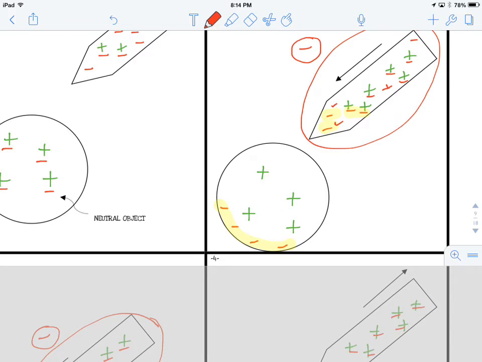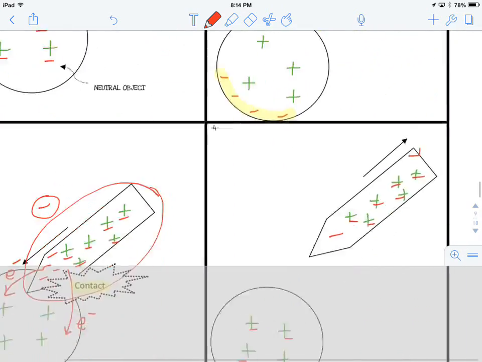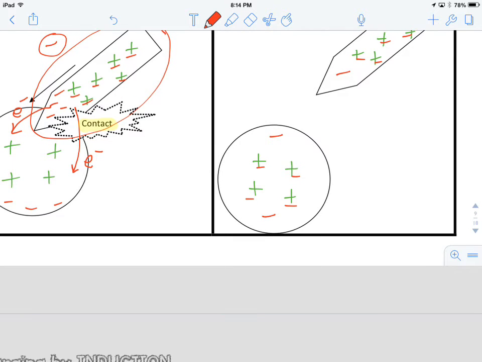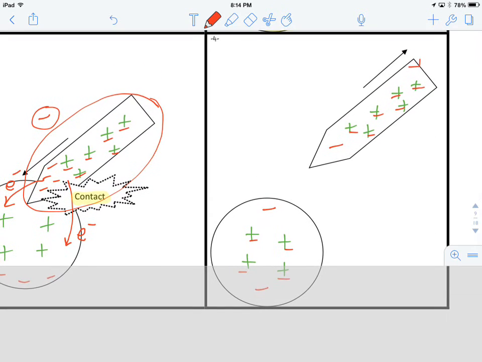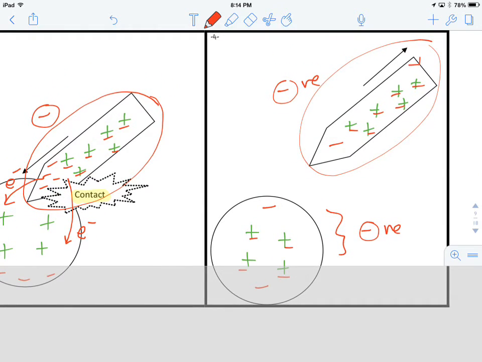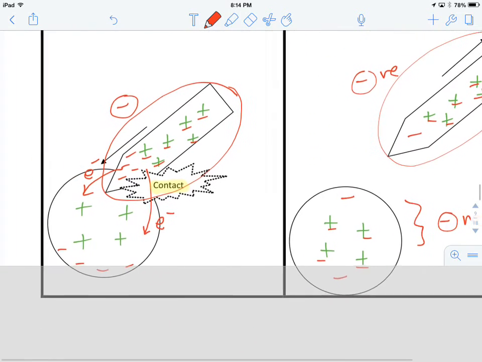And they've spread themselves out so that, okay, now I got an extra 2 up here, and I've got an extra 2 down here, and we've balanced out this overall negative charge. So this overall now is negative, and this overall here is negative, but it's less negative than it was before, right? So here we had so much negative all built up in this ebonite rod. We contacted it.